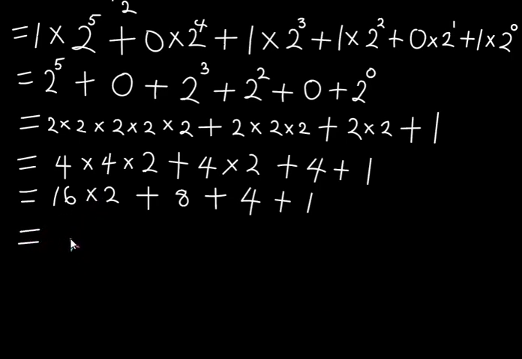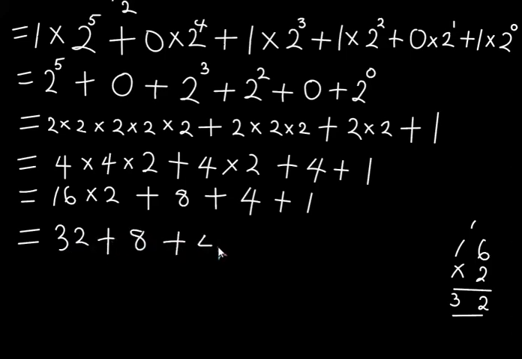So left with here we have 16 multiplied by 2 will give us, you can do that manually, and if you want to punch your calculator you can do that. 2 times 6 is what? 12. So we take 1 here. 2 times 1 is 2, plus 1 is what? 3. So that gives us 32 plus 8 plus 4 plus 1.